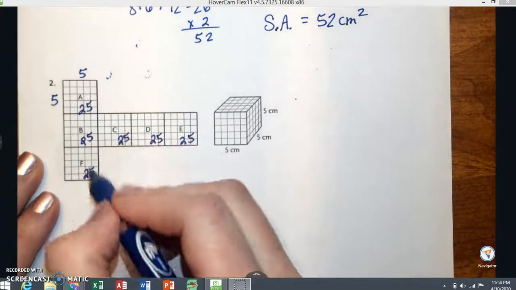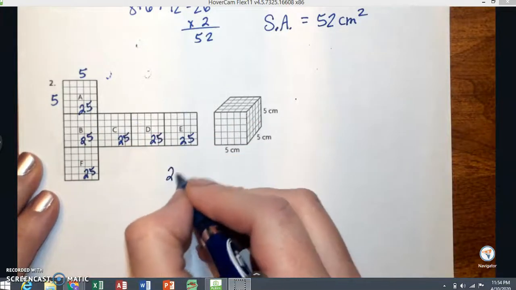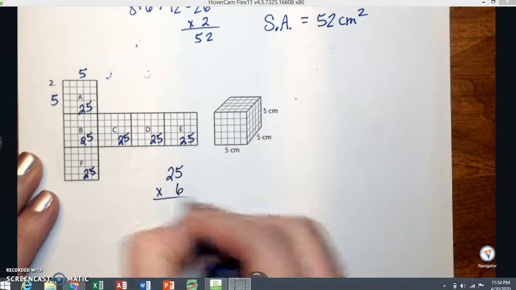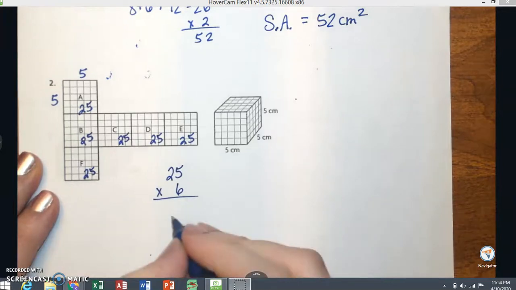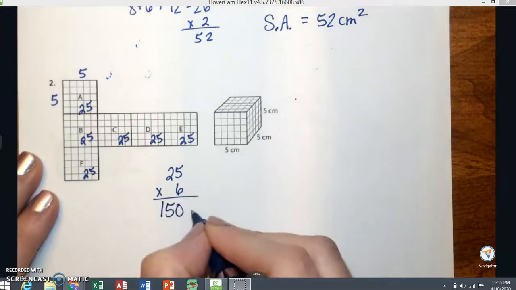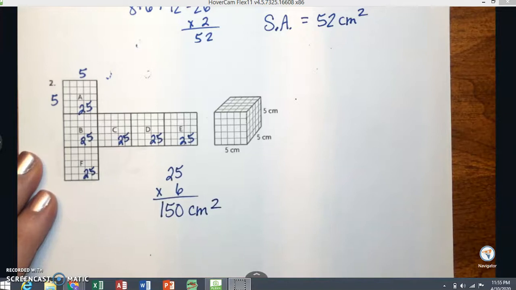So I could go through and I could add those 6 times, or I could just say 25 times 6, which is 150 centimeters squared. Cubes are nice. They're pretty easy.